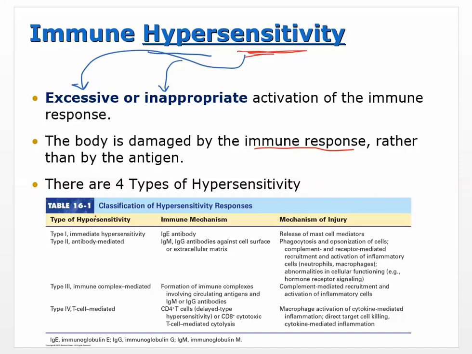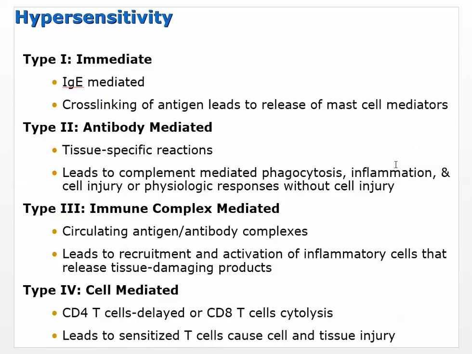So there are four types. Those are listed in a table in your book, and we're going to go over each one of them individually. So they're numbered by Roman numeral, so 1, 2, 3, and 4 are the different types. So type 1, and again, this is just a brief overview before we go into them all. Type 1 is immediate.